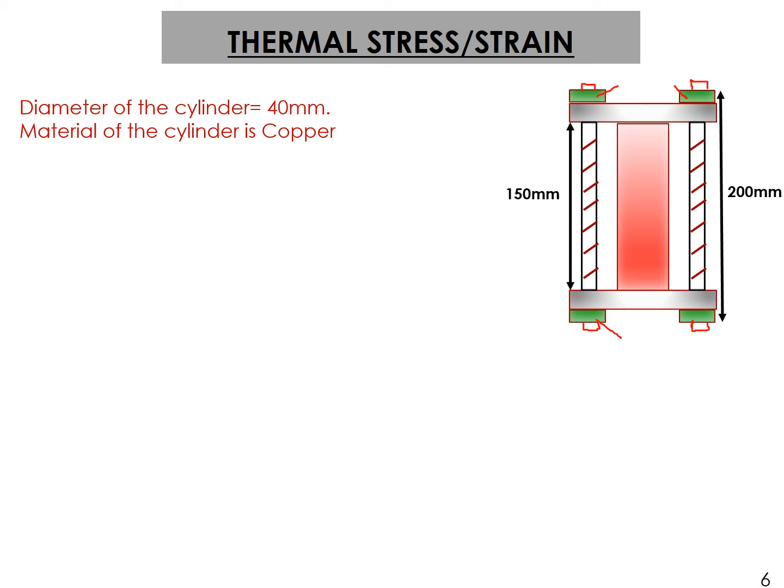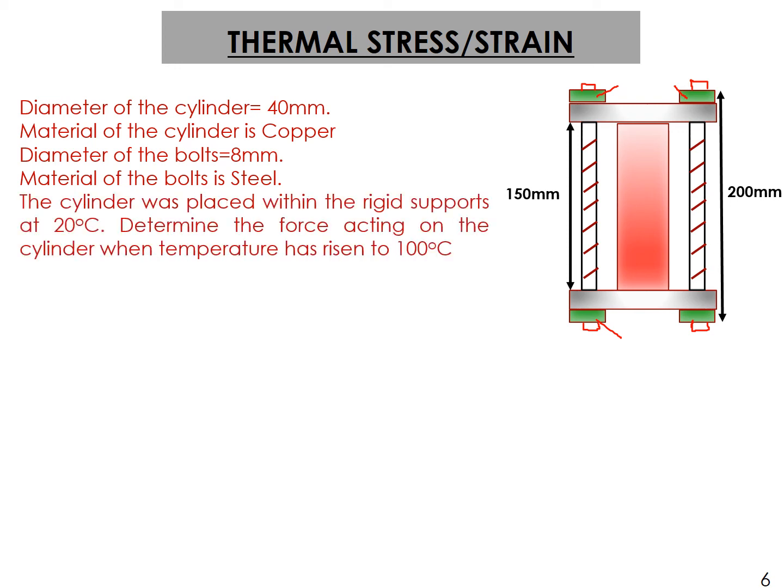What about the bolt? The diameter of the bolt is 8 millimeters and the material is steel. Again, they have chosen the combination of copper with steel. We are not focusing on how they came to this combination. Here we are learning how to make use of these formulas. That is our main objective.